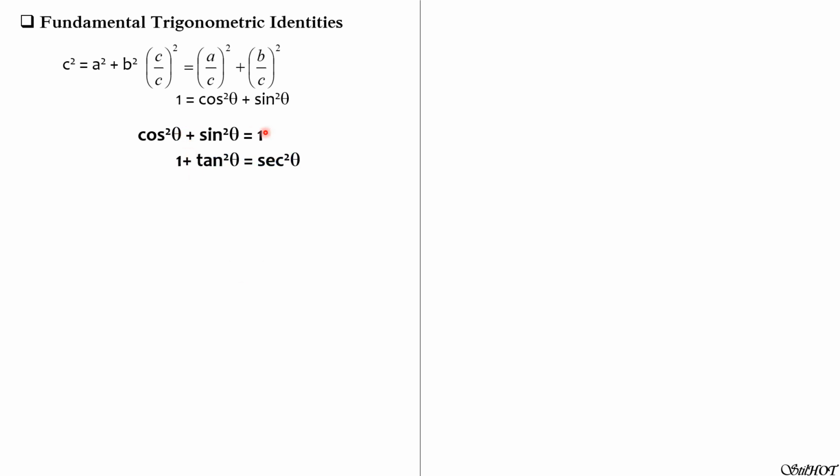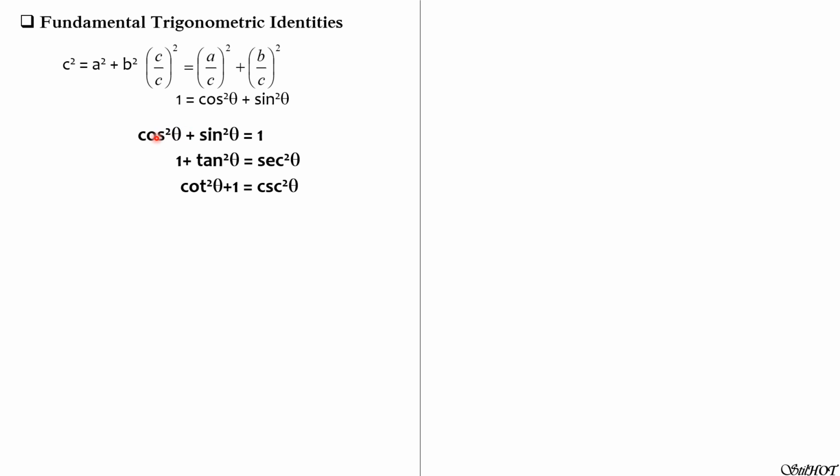If we divide this instead by sine squared theta, and we define cosine over sine as cotangent, so cotangent squared theta plus 1 equals 1 over sine square, which is cosecant square theta. So again, cotangent square theta plus 1 equals cosecant square theta.